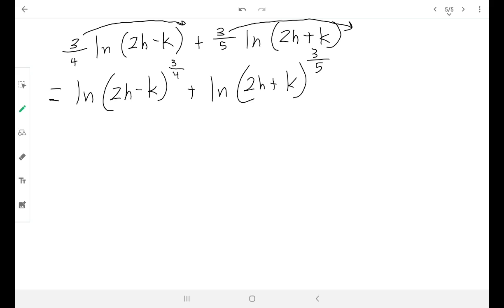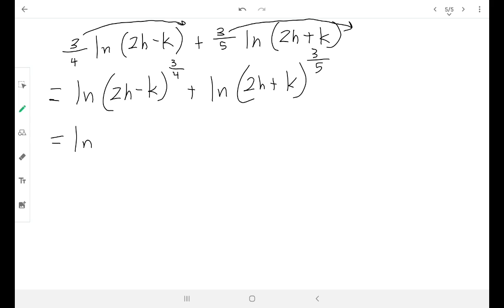Okay? Now, remember, this and this have to stay that way. There's nothing I can do with that. But this addition right here can condense into multiplication.